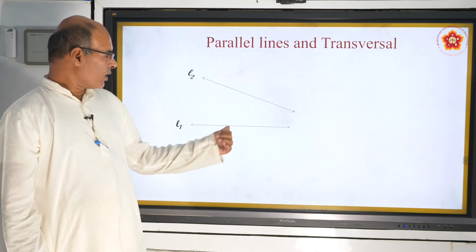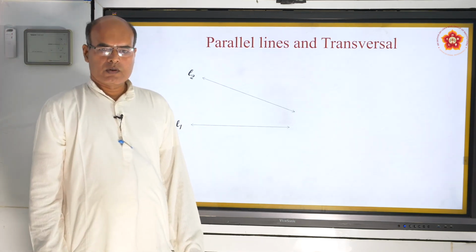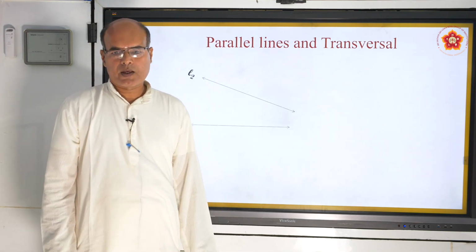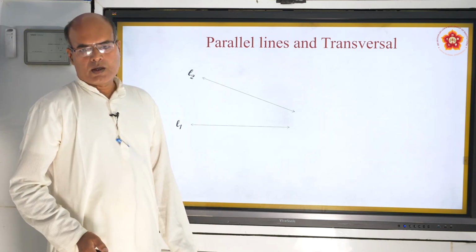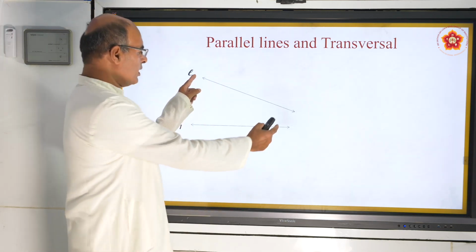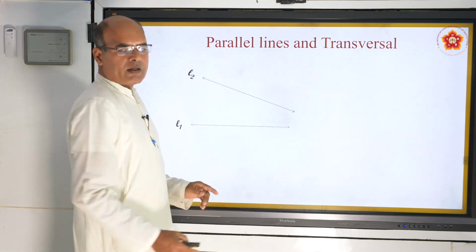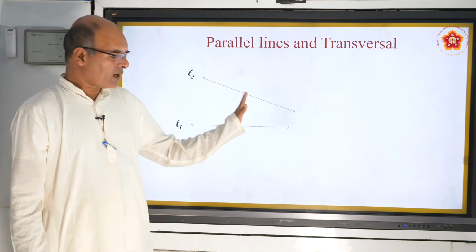So what about these two lines now, L1 and L2? Do you agree they are intersecting lines? If you look at this picture, and if you think that the line L2 is of this length here to here, then you will say they are not intersecting lines. No doubt they are not parallel lines.